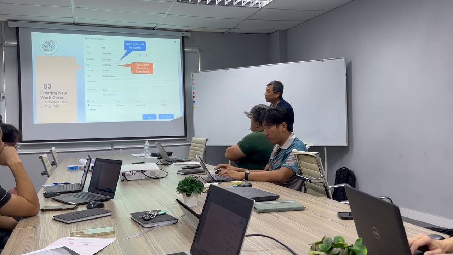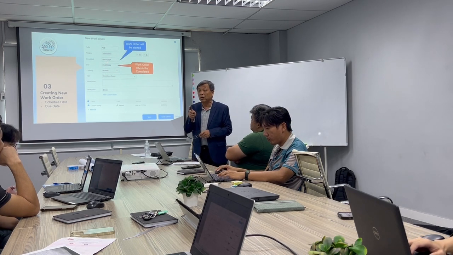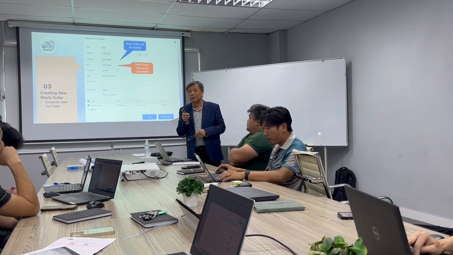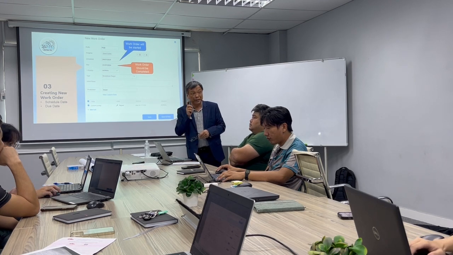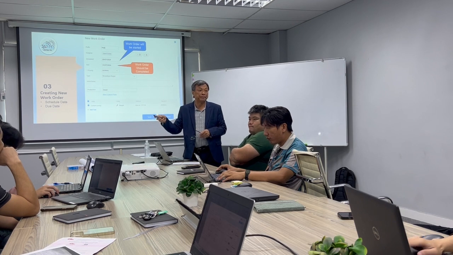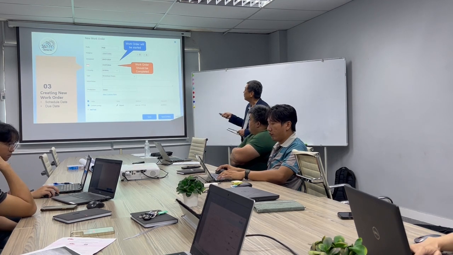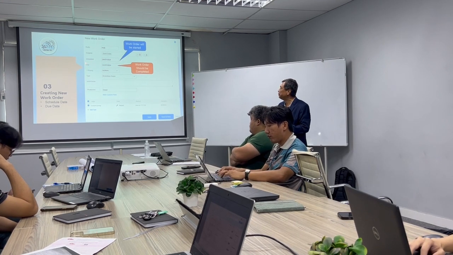Now schedule. What is a schedule? Schedule date is when this work order should start. Should be. That means you already assigned the date. Due: what does due mean? The work order should be completed.